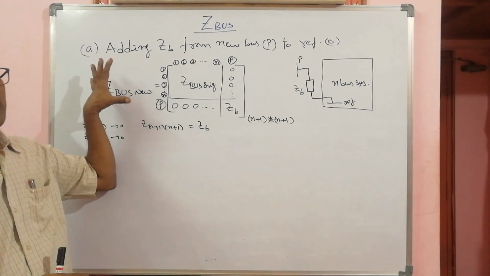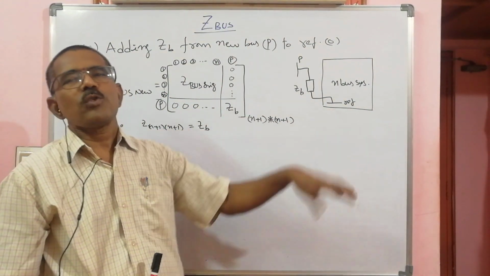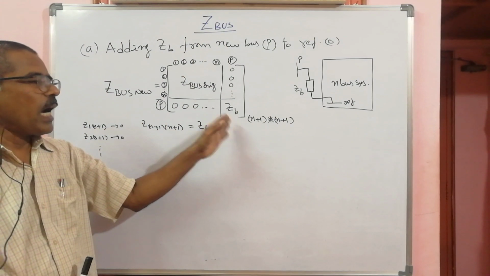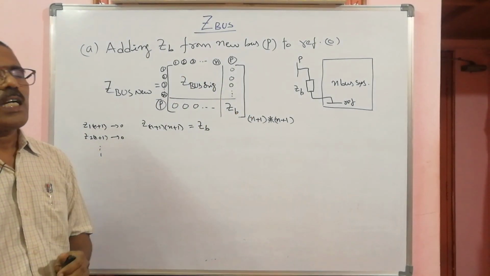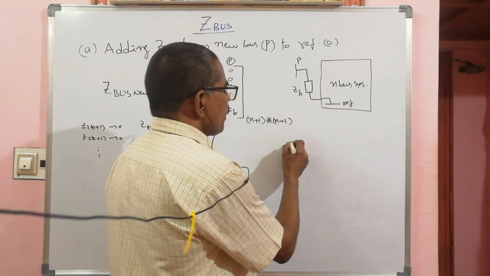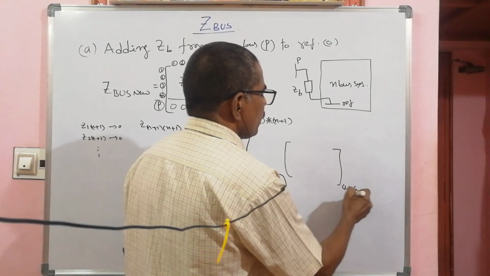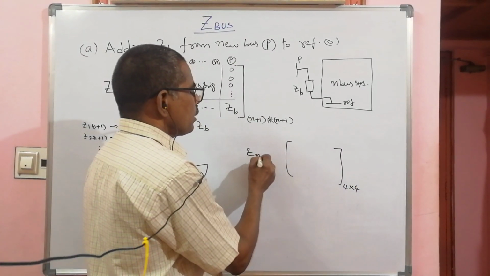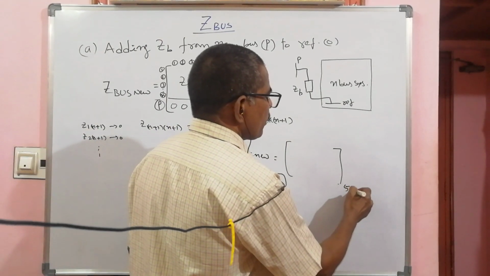For case A, adding ZB between new bus to reference, add one column and row with all zeros and ZB as diagonal. Suppose it is a 4 by 4 existing bus system, 4 by 4. Then new Z bus will be 5 by 5.